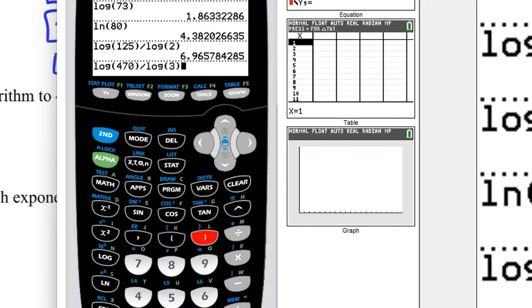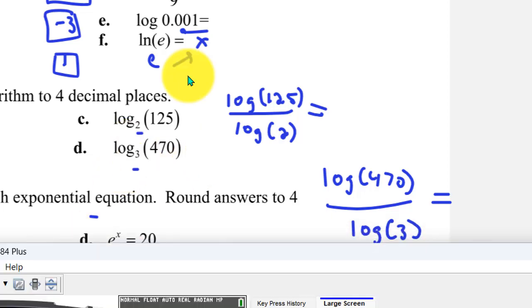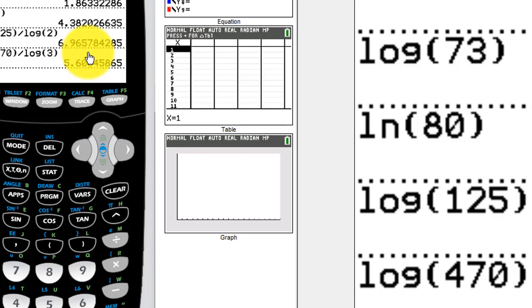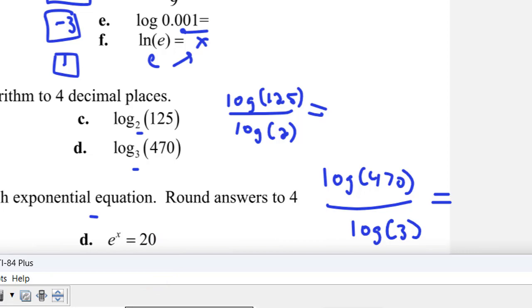And my answer for that one is 5.6005, right? So those are your answers for letters C and D, 6.9658 and 5.6005.